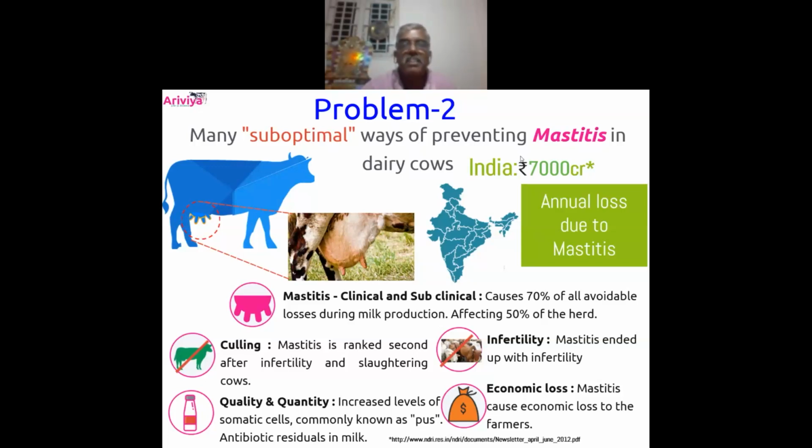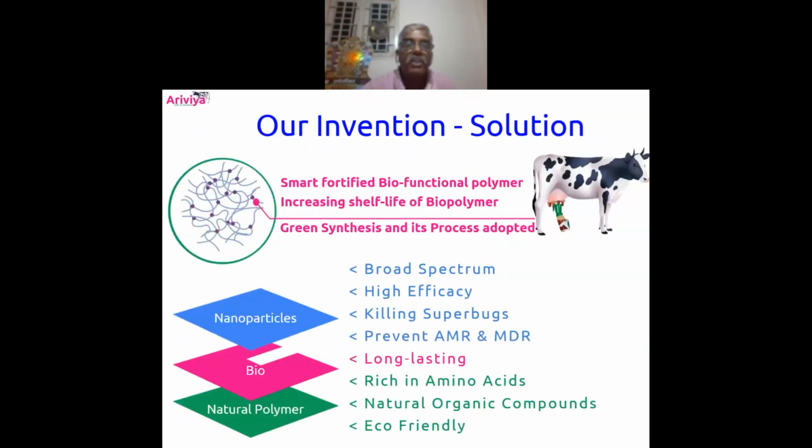So that way, mastitis is the name of the disease. To prevent this, we have the solution. Due to this, we are facing a 7,000 crore loss every year in India. To avoid this, we have the product, and we are reaching the market right now to avoid this problem.